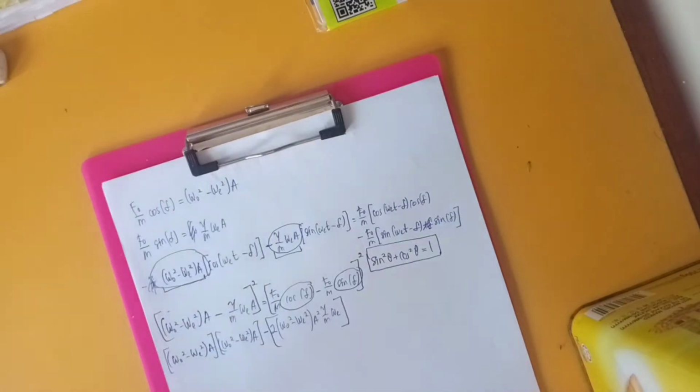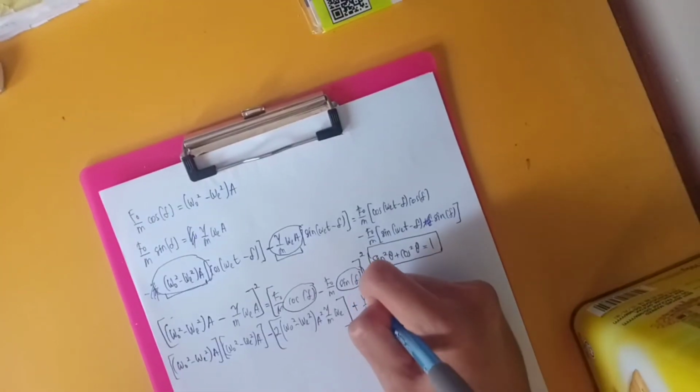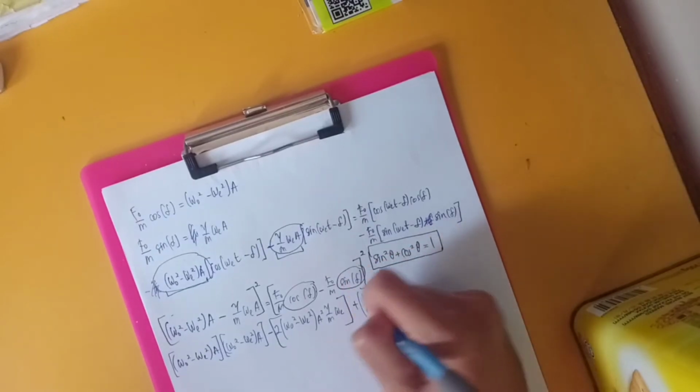And then plus gamma over m omega e A, that's with itself, right?